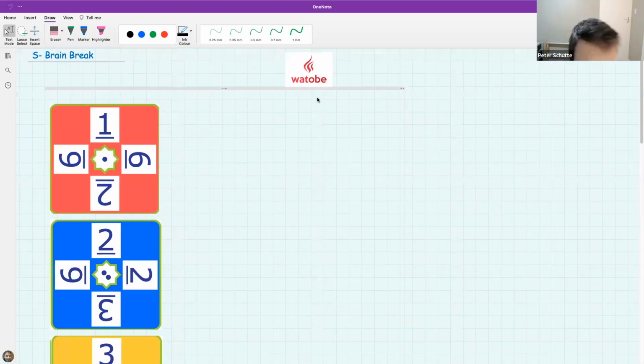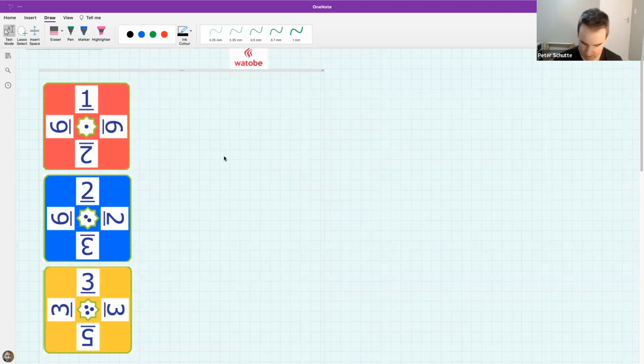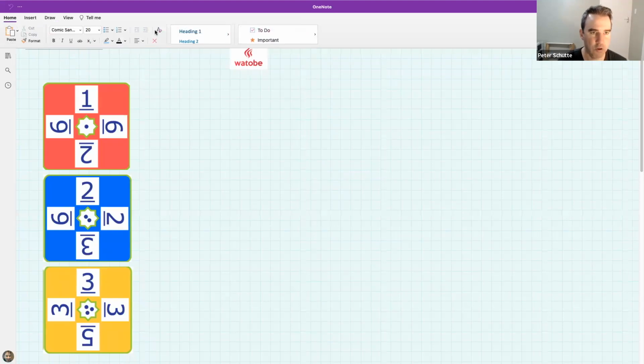Okay, let's do some Math 24. Here are the Math 24 challenges. The easiest one is red, the hardest one is yellow. The goal is to make 24 using just the 4 numbers, and only the 4 numbers for each card.